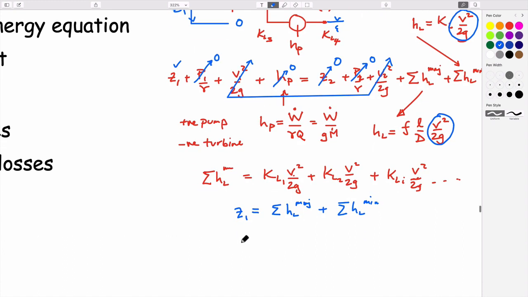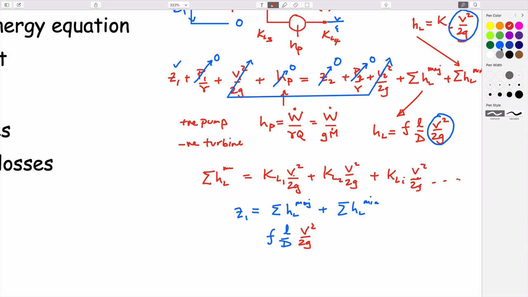And so implicit in that is that we can define these in terms of, for this, a friction factor, length over diameter, and this term v squared over 2g in the pipe.